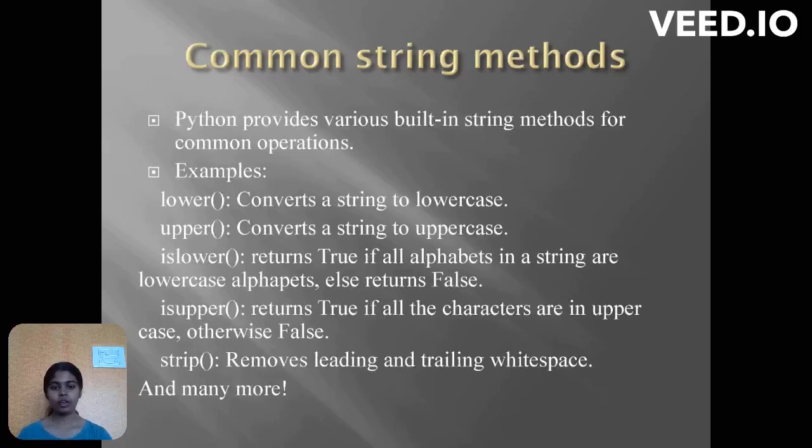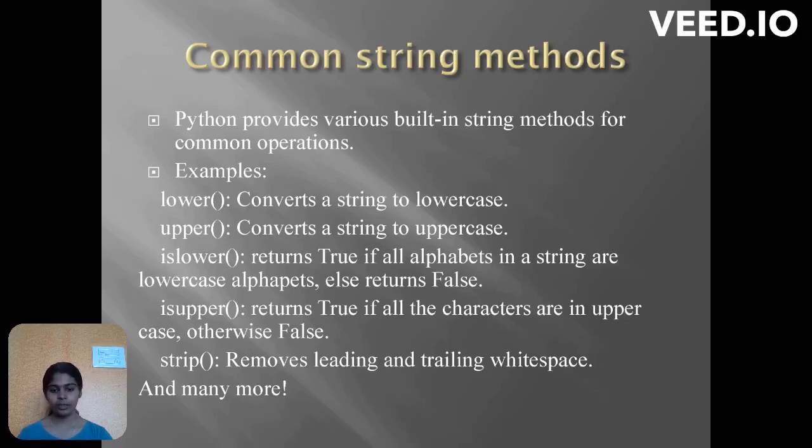So next we have common string methods. Python provides various built-in string methods for common operations. Some examples are given here. lower converts a string to lowercase, and upper converts a string to uppercase. islower returns True if all alphabets in a string are in lowercase, else it returns False. isupper returns True if all the characters are in uppercase, otherwise it returns False.